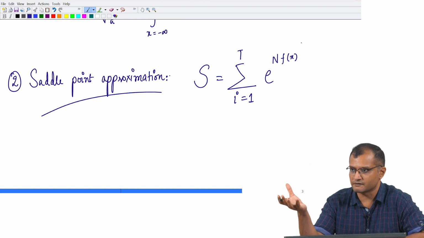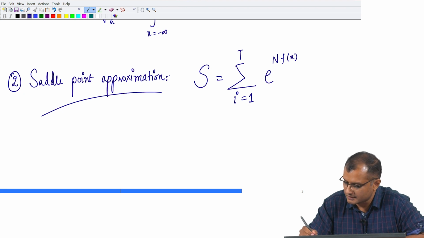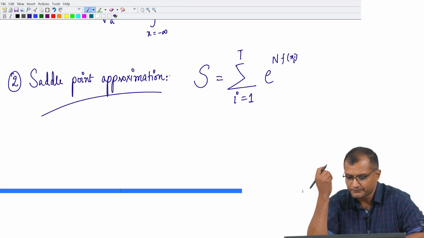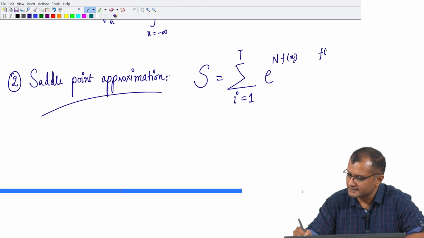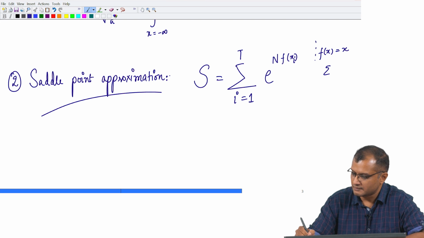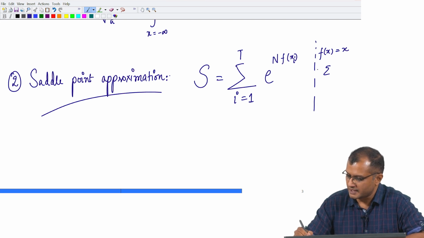You can take any function of x here, and the index i here is just f of x i. Okay. So, you can take f of x as simply x, then my s simply becomes summation over i going from 1 to t e to the power n x i.